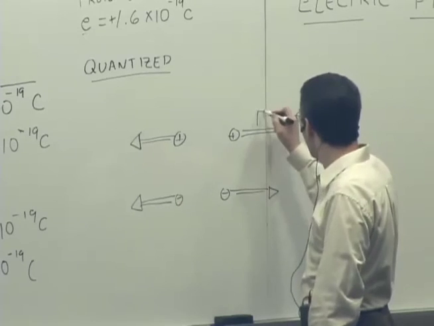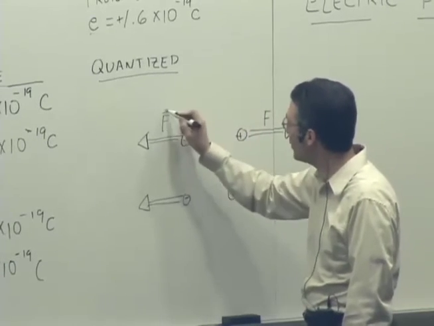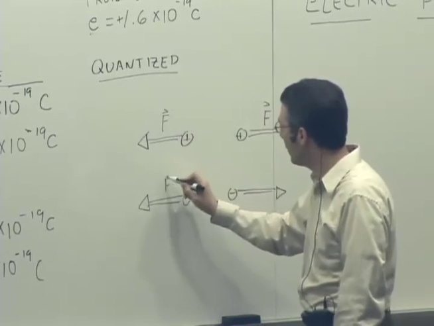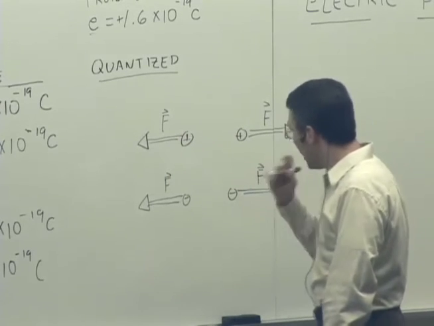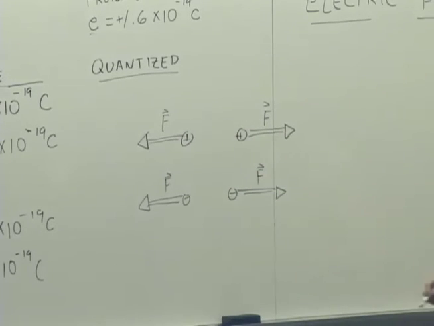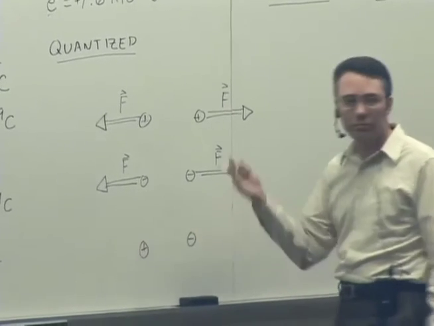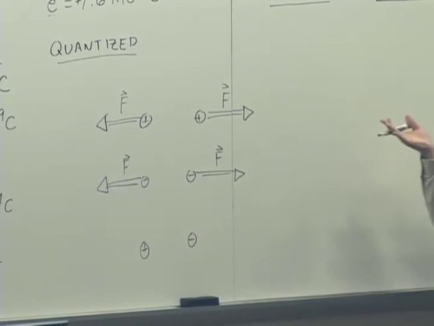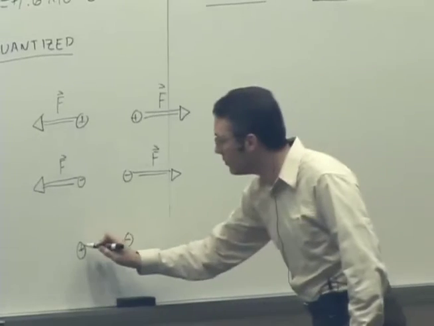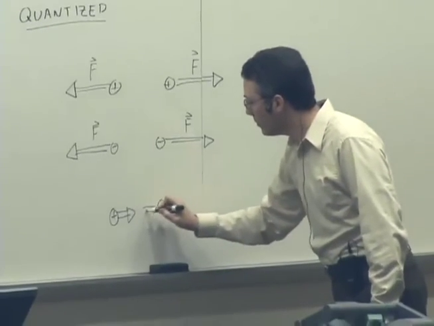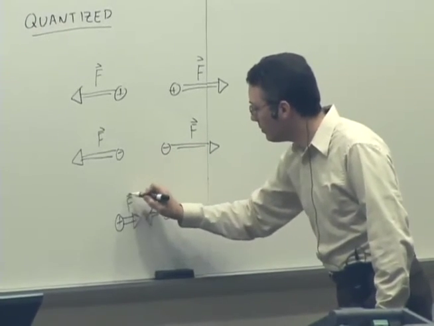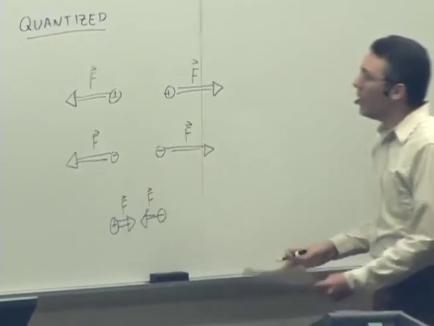I'm drawing force arrows here, force vectors. So like sign charges repel, but if I bring a positive and a negative nearby, they attract. So we have an attractive force.